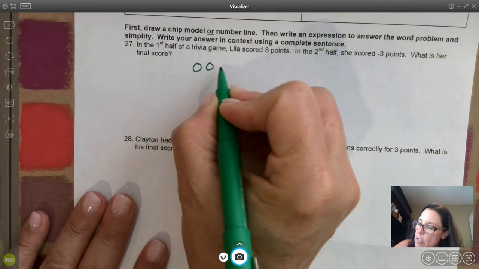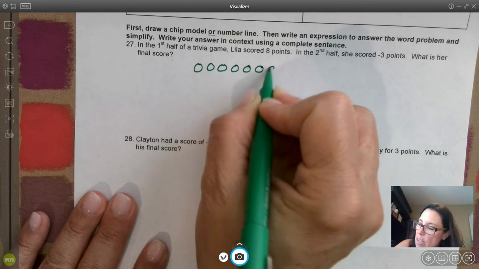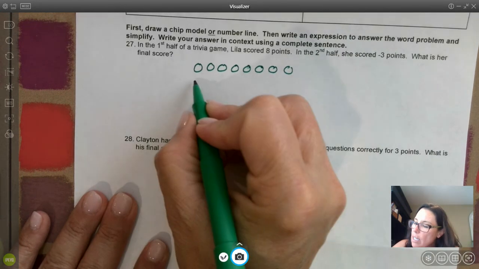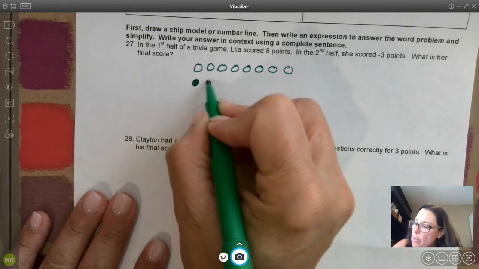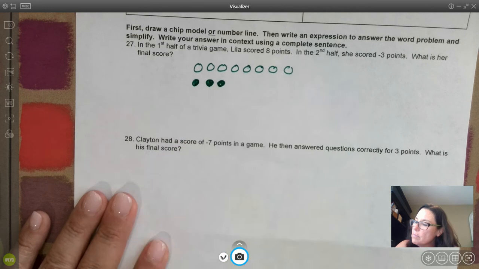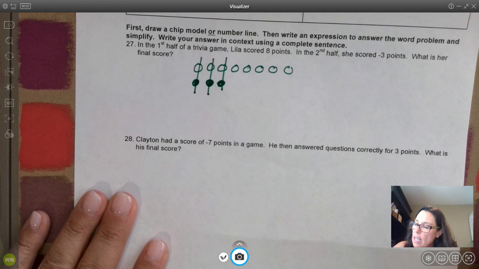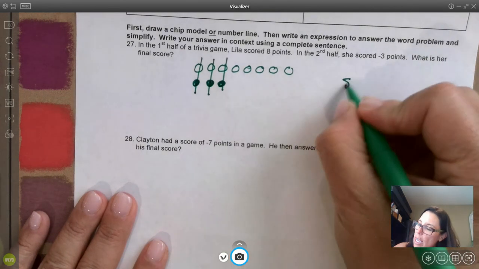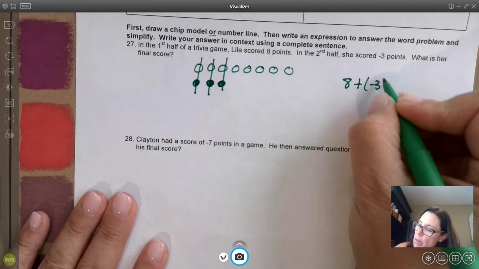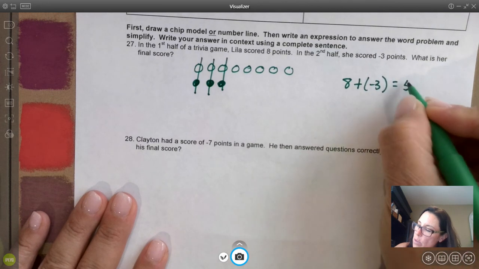That's a positive. 1, 2, 3, 4, 5, 6, 7, 8 points. And then 3 negatives. And then her final score, these are 0 pairs. 5 positive would be her final score. So let's make sure 8 plus -3, yes, that equals 5.